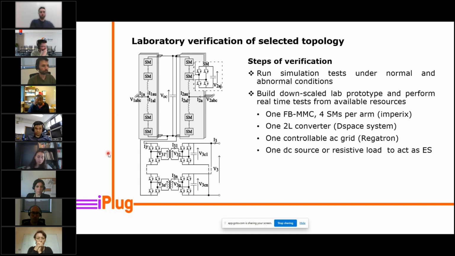So for that, what resources do we have? We have a multi-level converter. We could realize one of the ports. We have a grid emulator to realize an AC voltage. And in this side, we have another converter. We use two level to generate a different voltage level, and we connect impedance loads.